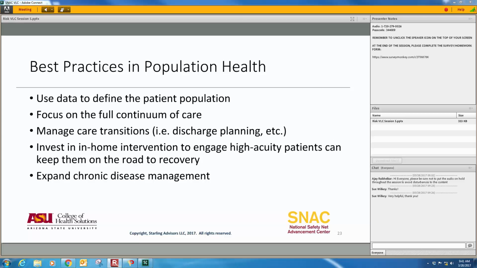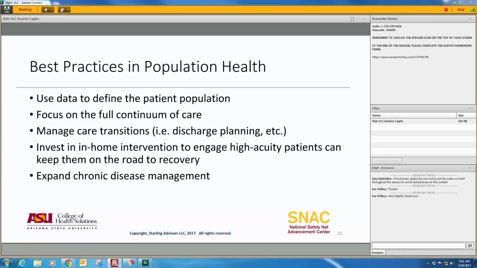And some of the things that we see as best practices in population health, obviously using data to define who those patients are, looking at the full continuum of care so that there's a big picture of what's going on with those patients, and that it isn't just simply episodic interventions that look, very myopically, at what's going on with the patients.